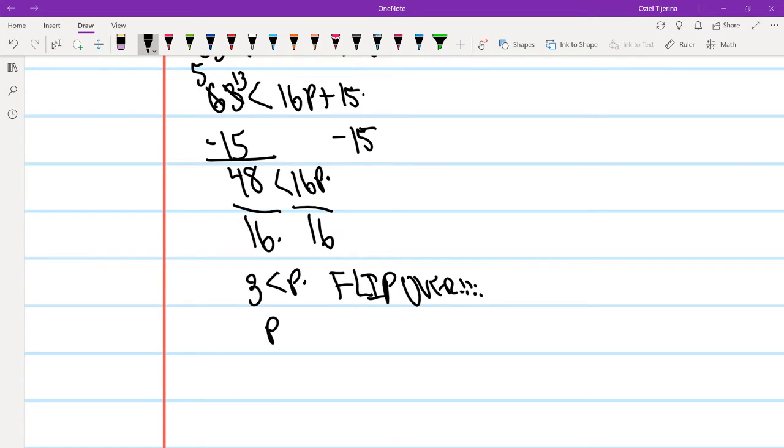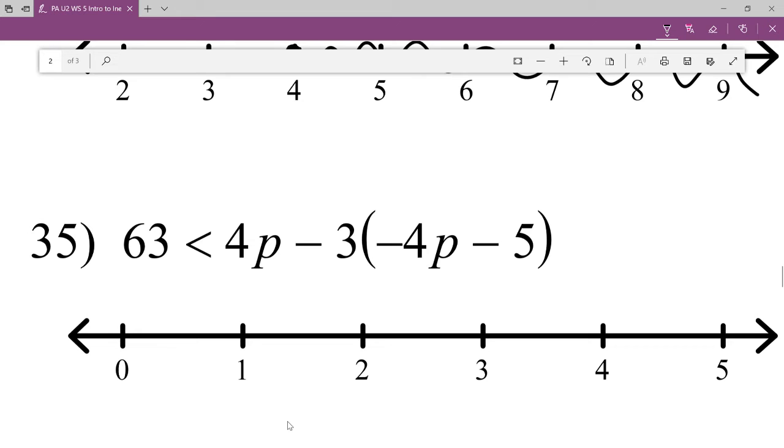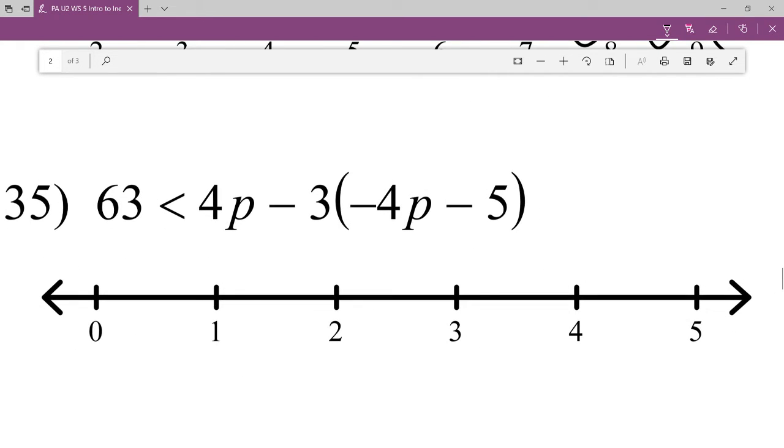So you say p is greater than 3. And then you do an open circle at 3, and you're talking about all real numbers that are greater than 3, so you shade to the right.